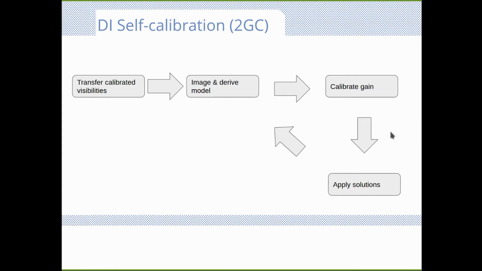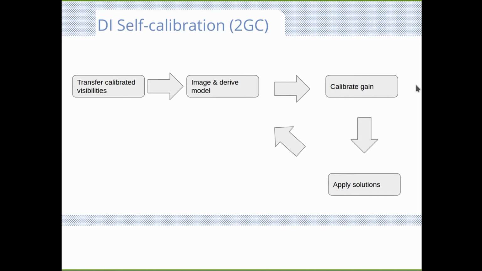Now, that model is not just a point source, it's a complicated field. So we should be able to constrain our gains much better, because we should be using most of the flux in the field, and you should be careful to include as much of the flux as possible. We typically start off with calibration solutions at long intervals, so that if we do have a model that's slightly incomplete, we have the facility to wash out some of the components that are missing off axis.